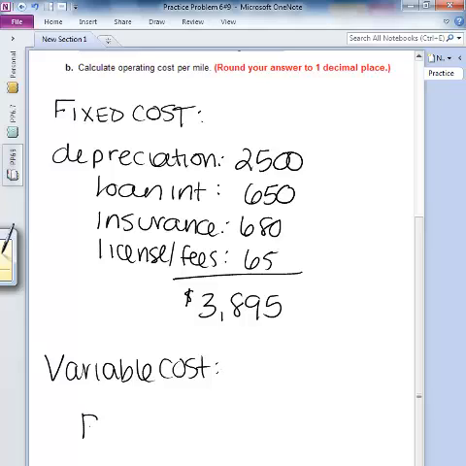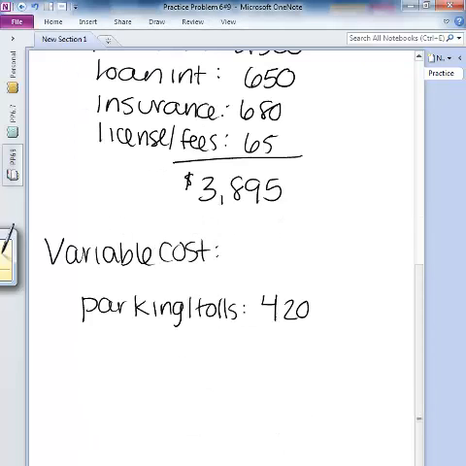Parking and tolls was $420, and my oil changes and repairs was $370. We'll add those together, but I also have to add in gasoline.